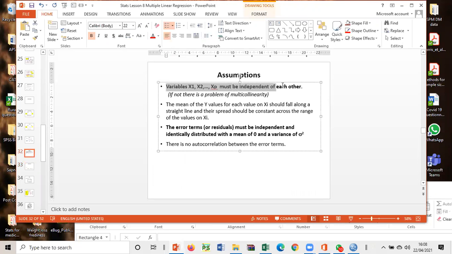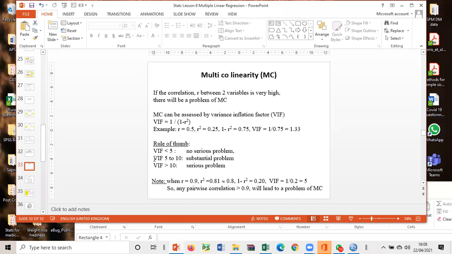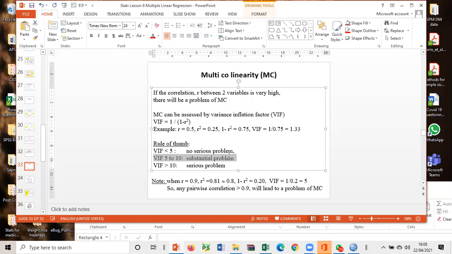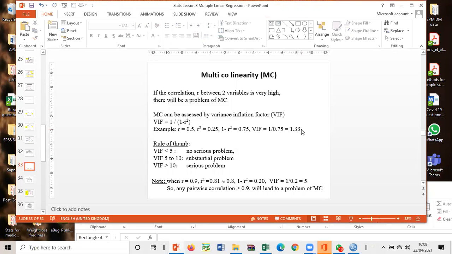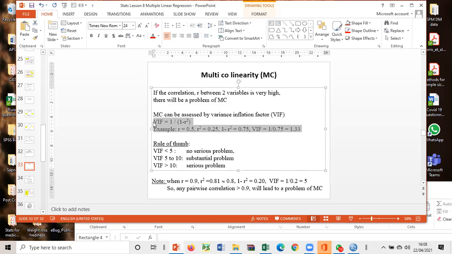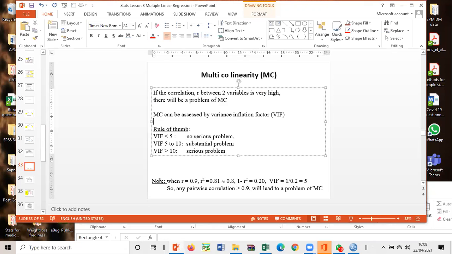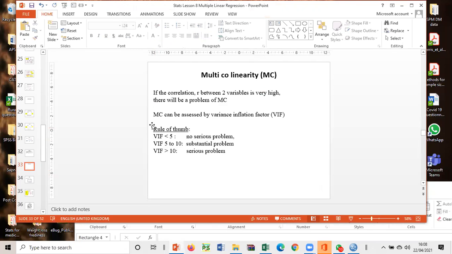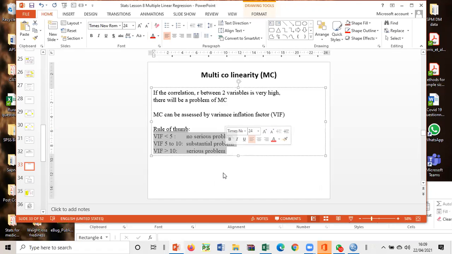If 5 to 10, there is a substantial problem. More than 10, there's a serious problem. So we're going to assess multicollinearity using VIF, and you look at this to make a decision.